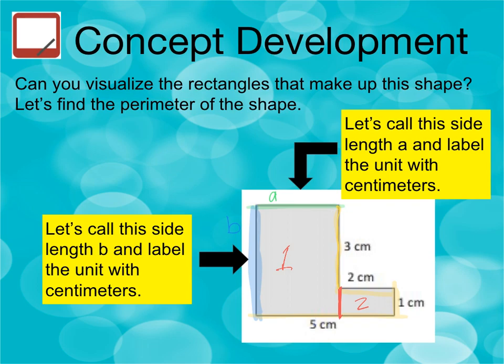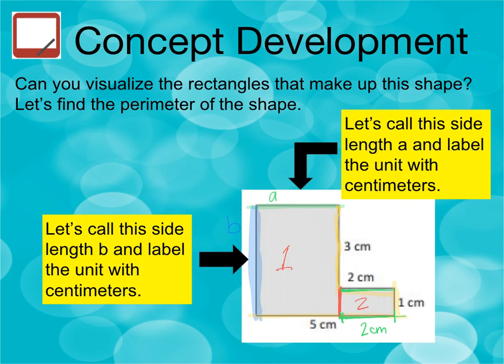So I can look at rectangle number 1. I'm going to look at the bottom of my whole shape and see that down here, if this side length and this side length are the same distance, then this section right here is 2 centimeters.